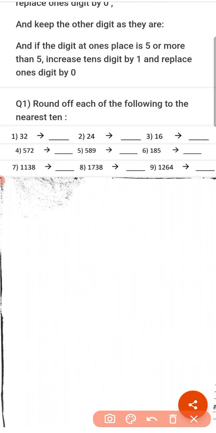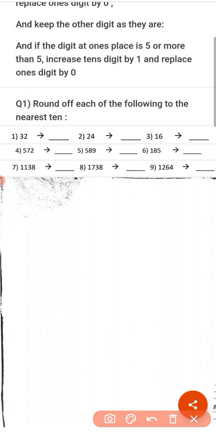So, children, when we are rounding a number to the nearest 10, first we will go through the rules of the rounding of the nearest 10. That is, we have to check the ones place first. Then the first condition is, if the digit at the ones place is less than 5, replace the ones place by 0 and write the other digits.